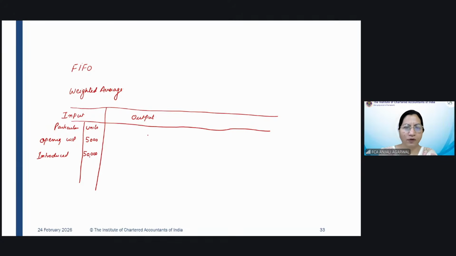The detail of output again would be based on elements of cost. You will have three elements of cost: material, labor, and overheads. Generally, you may also have four elements of cost: material 1, material 2.